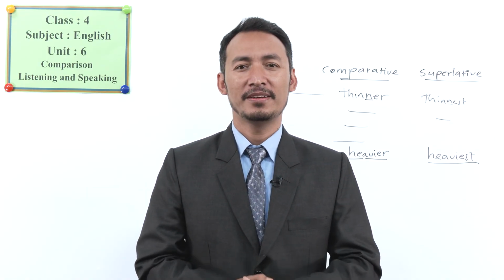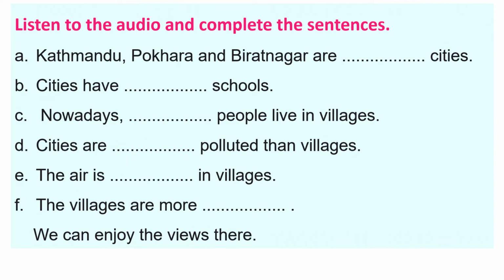In Nepal, there are more villages than cities. Kathmandu, Pokhara and Viratnagar are bigger than Dharan, Butwal and Nepalganj. Living in a city is different from living in a village. In big cities, there are sometimes better schools.